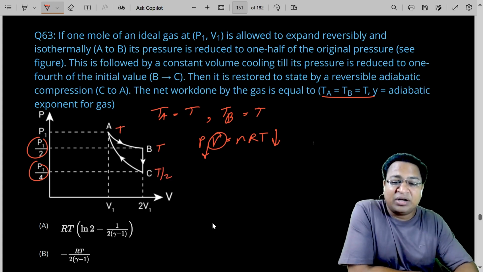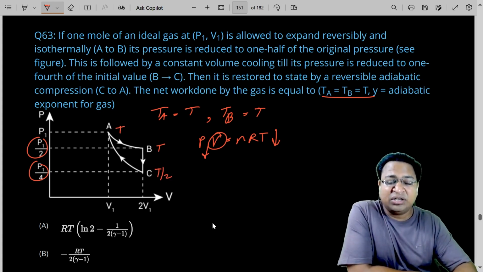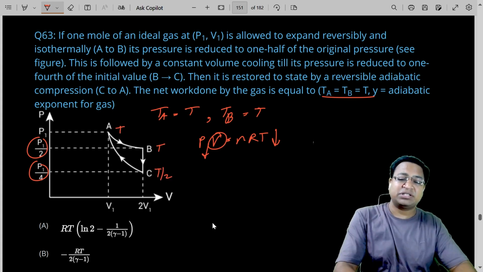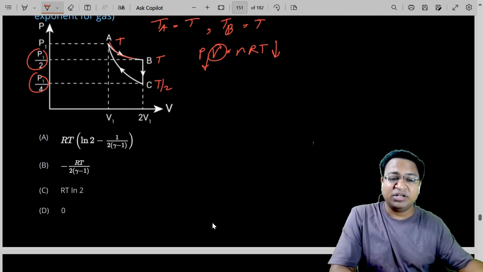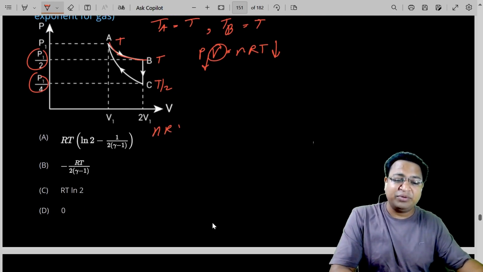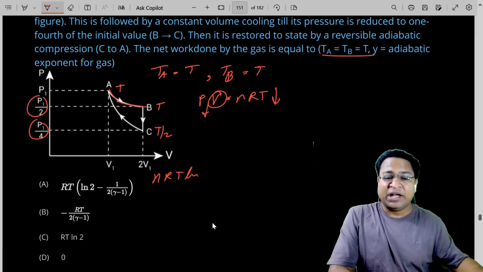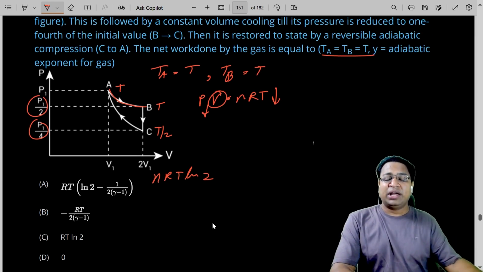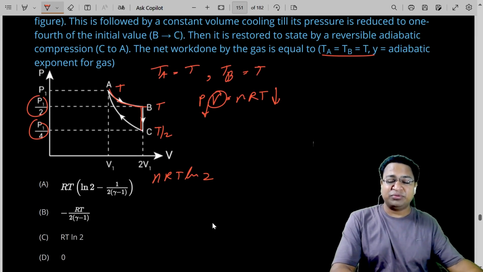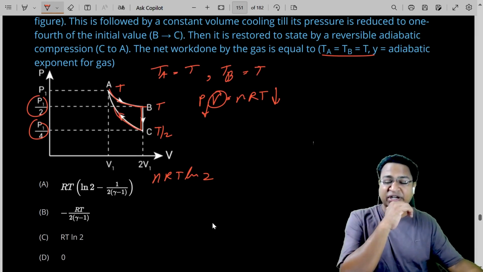Now, we want to know the total work done by the gas. Total work done by the gas will be given by the work done in the isothermal process, so that would be nRT ln 2. Then during this process, the work would be zero because it's an isochoric process. And during the adiabatic compression process, negative work would be done.